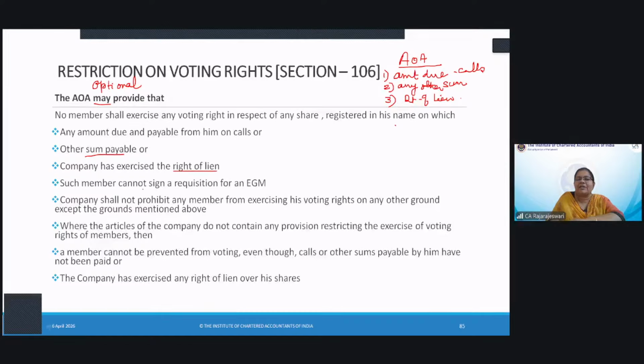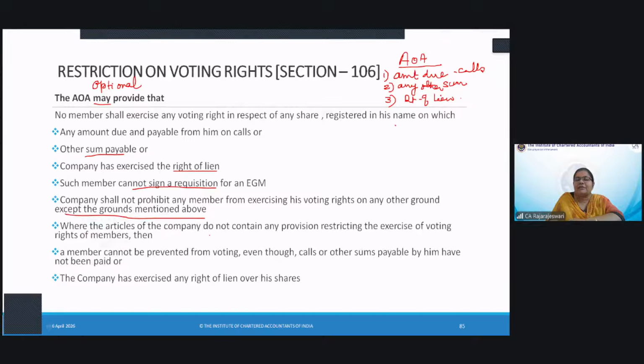Such a member cannot sign a requisition slip for an EGM, because we learned that members can also requisition an EGM. They can sign the requisition slip when they want an EGM to be conducted. So the company shall not prohibit any member except on the grounds mentioned above.